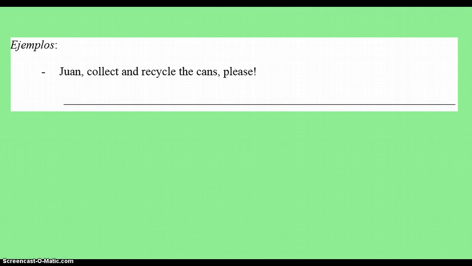Let's go ahead and do an example sentence with commands. We want to tell Juan to collect and recycle the cans, please. Why don't you go ahead and pause the video so you can form the command forms of collect, which is recoger, and recycle, which is reciclar. And remember, the vocab word for cans is las latas.